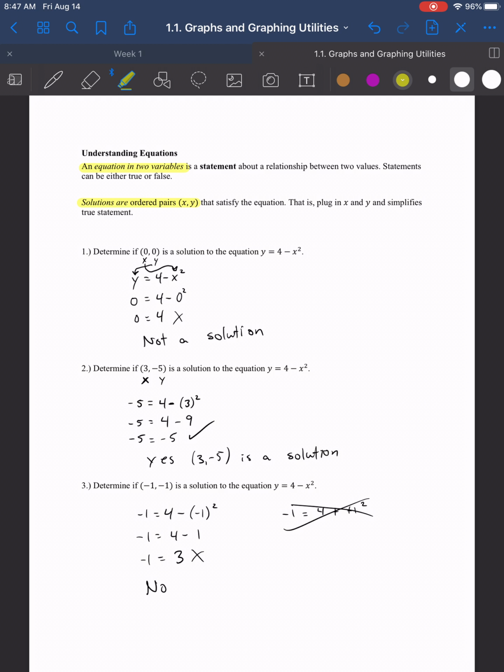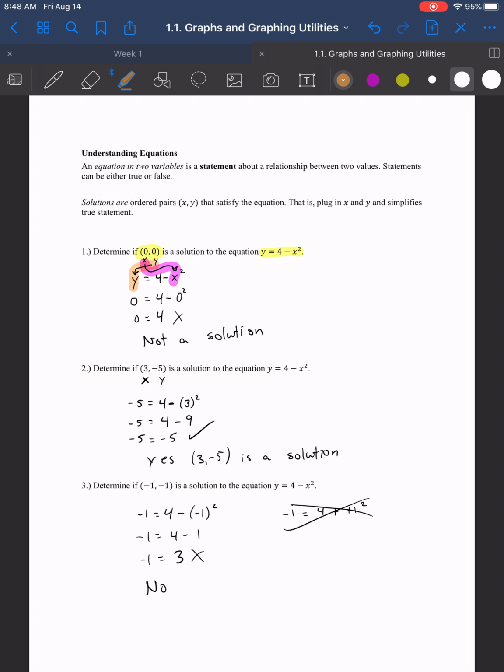We have y equals 4 minus x squared right there. And so what we're going to do is go through and start plugging in this ordered pair. It wants us to determine if 0, 0 is a solution to it. And we do this by plugging in x into the x value and plugging in y into the y value, just like that.